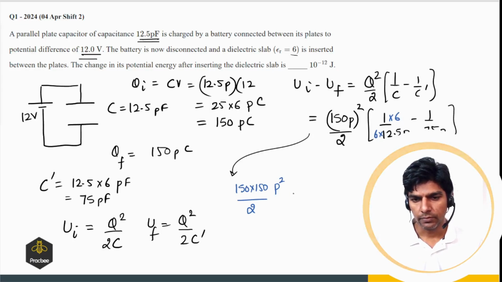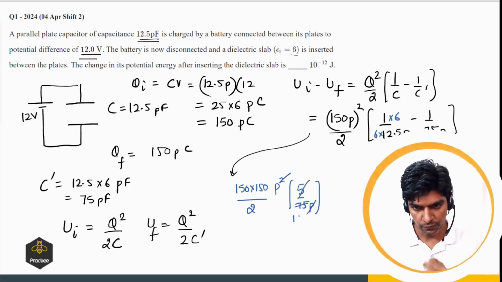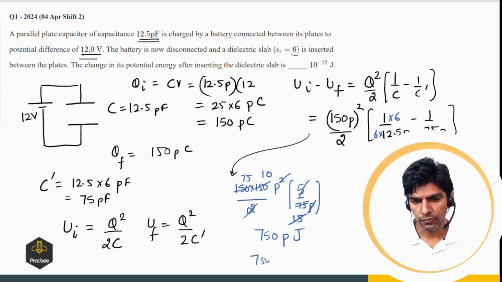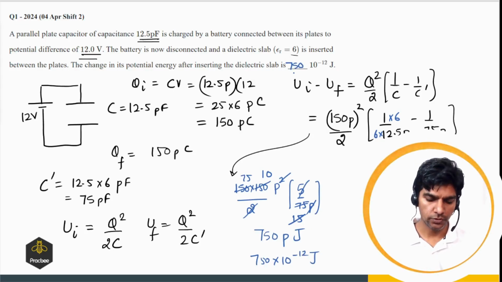So we get 5 upon 75 pico. So this pico will get cancelled out. This will give us 15, this will give us 10, and this will be 75. So we are getting 750 pico joules, which is 750 into 10 raised to power minus 12 joules. So the answer is 750 for this question.